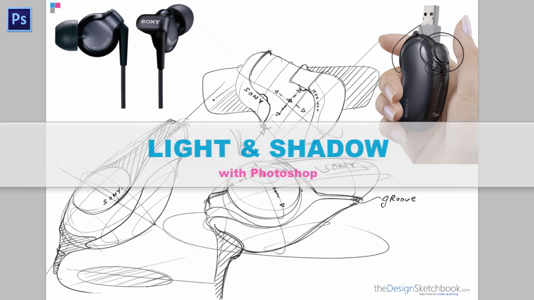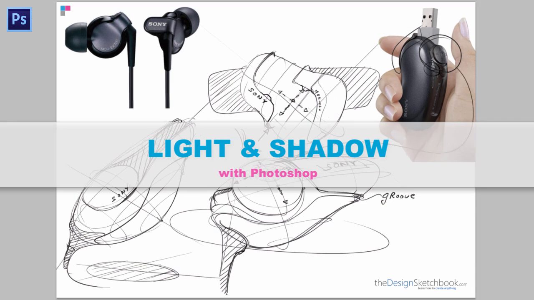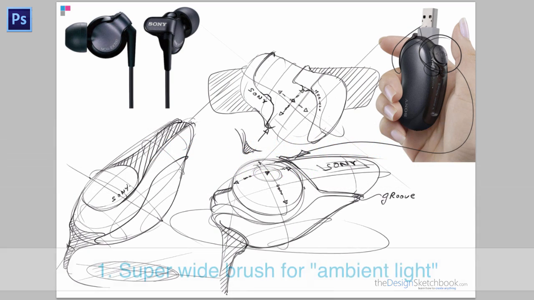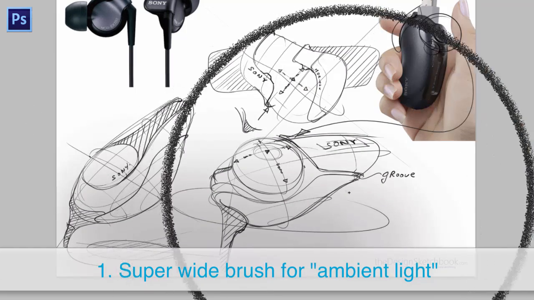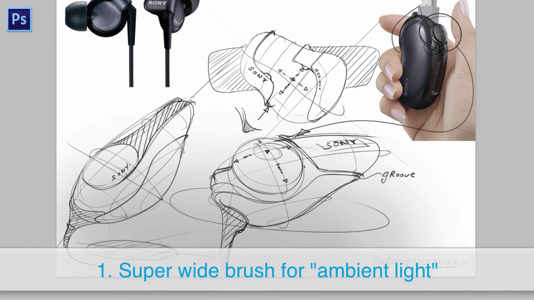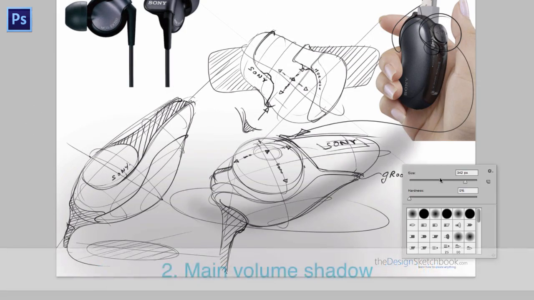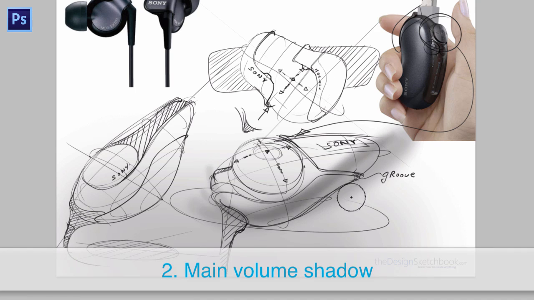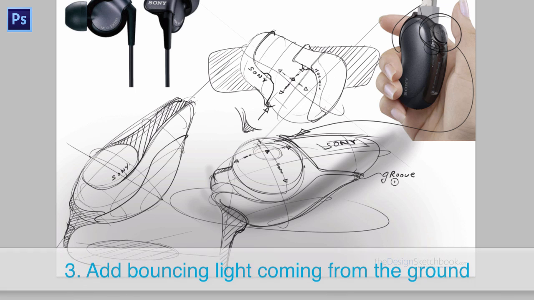Okay, now let's add some light and shadow with the digital tools of Photoshop. So first of all, I start with a white brush, adding the ambient light. Then for the main volumes I add a bit more shadow. I remember to add some bouncing light from the bottom, which is very important, and which as a beginner we never think about.